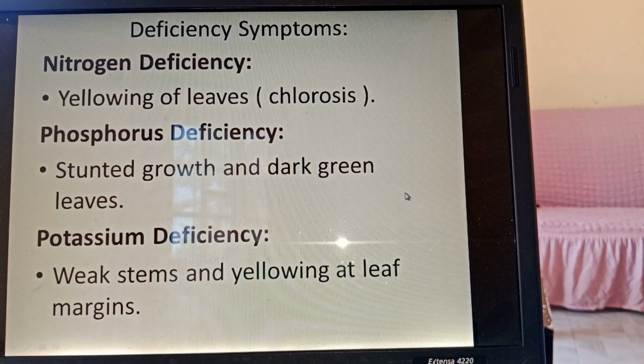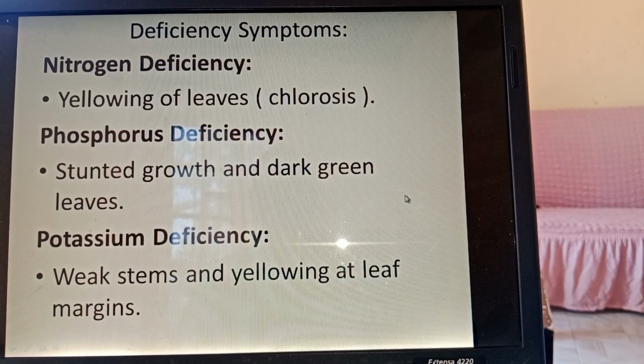Deficiency symptoms in plants: nitrogen deficiency gives yellowing of leaves, known as chlorosis; phosphorus deficiency gives stunted growth and dark green leaves; and potassium deficiency gives weak stems and yellowing at leaf margins.